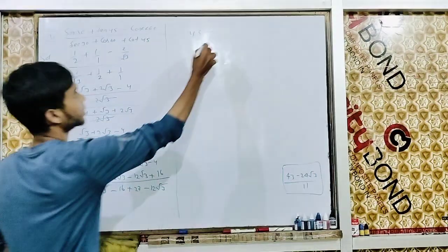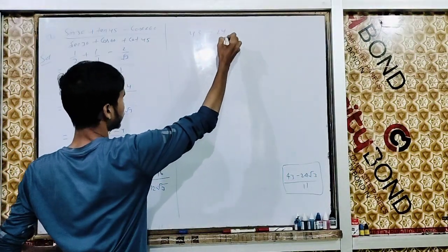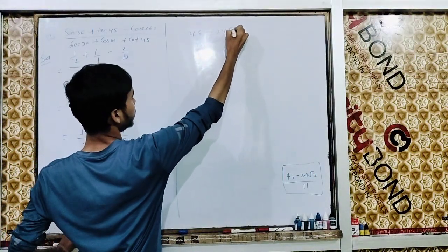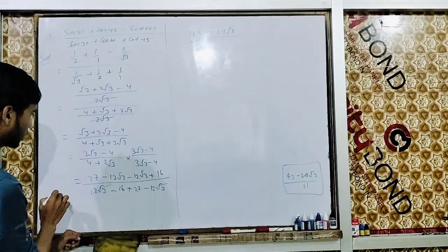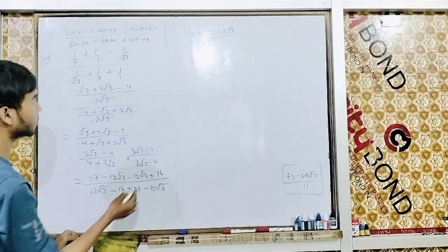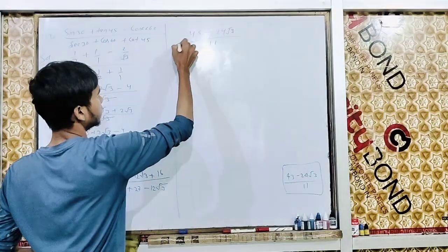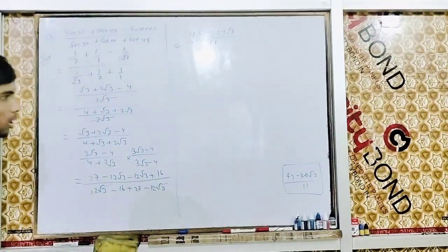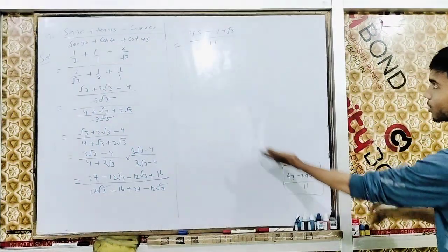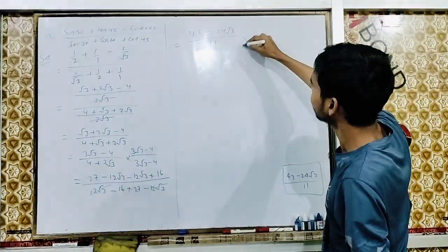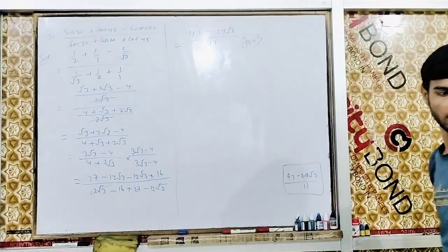So minus 24 of root 3 upon, here we got how much? I think 11. To tell, here this is correct. And here finally we can see we have brought this answer. So till here this is our final answer.